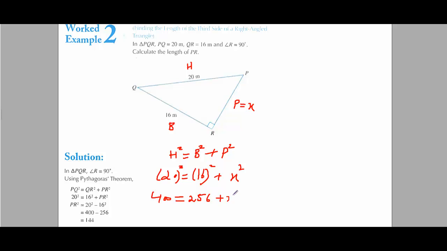Plus X square, and bring this 256 to the other side, where it becomes minus 256. Therefore, X square will be 400 minus 256, and X square is 144.